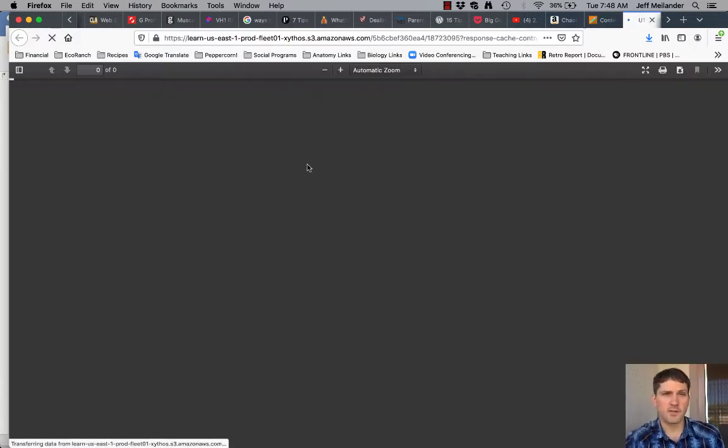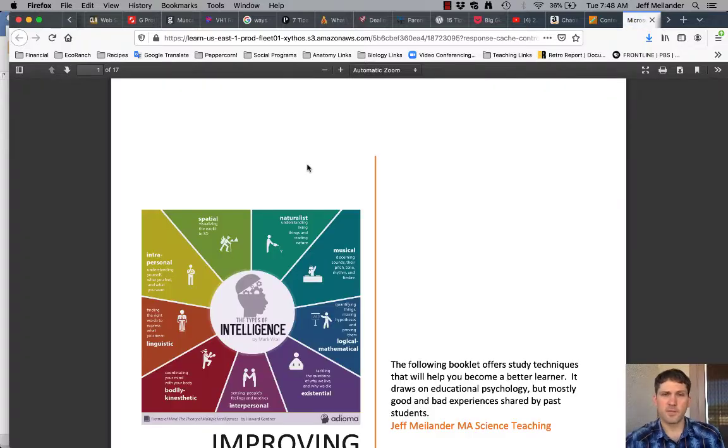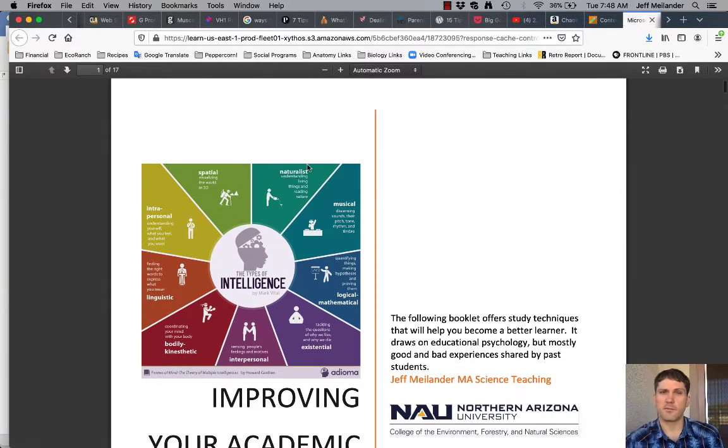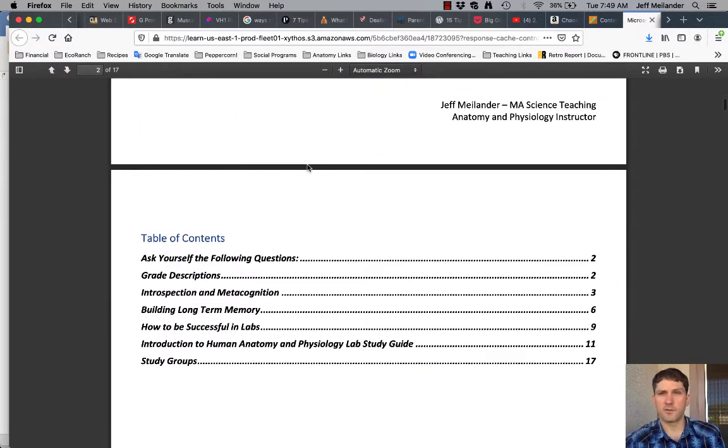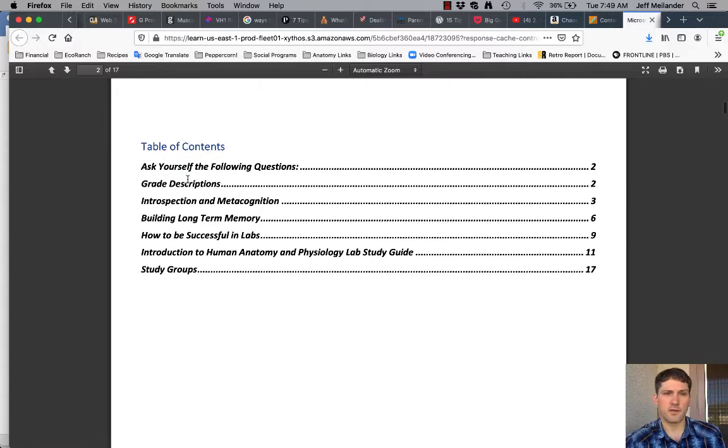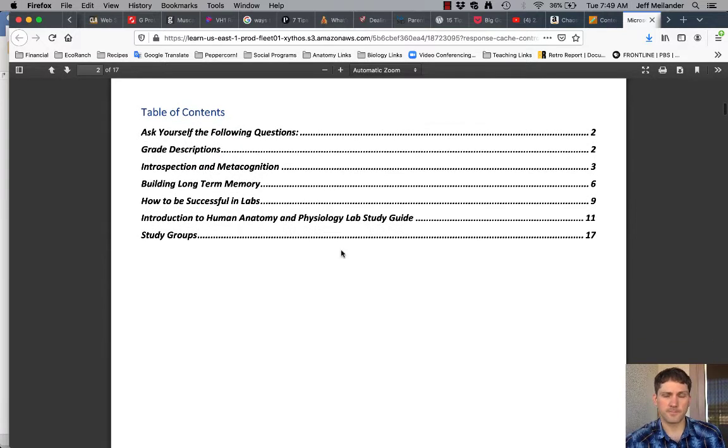This is a document that I made that has kind of been adapted. It used to be the How to Be Successful in 201 and 202 labs document, but I've kind of updated it over the last couple of years and added some information to it. The reason this is here is, one, hopefully students will read it and use some of these techniques in their labs to perform better.